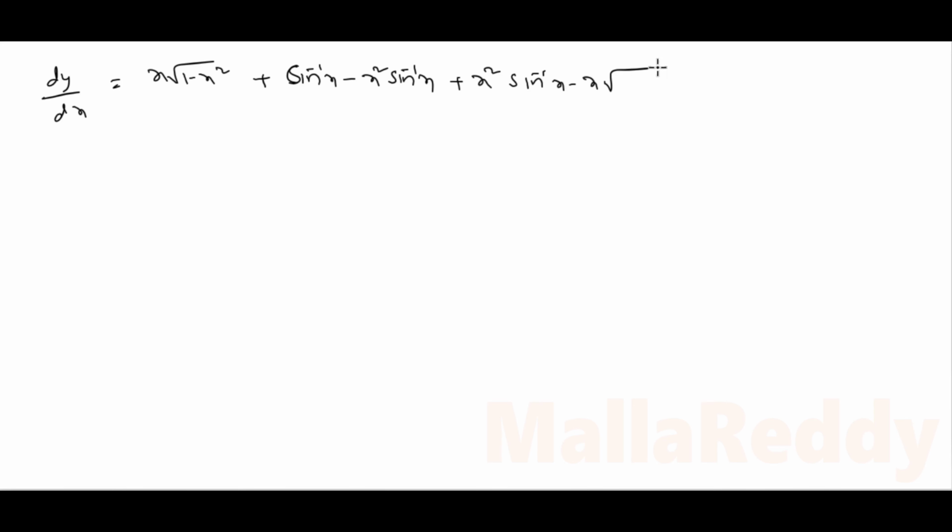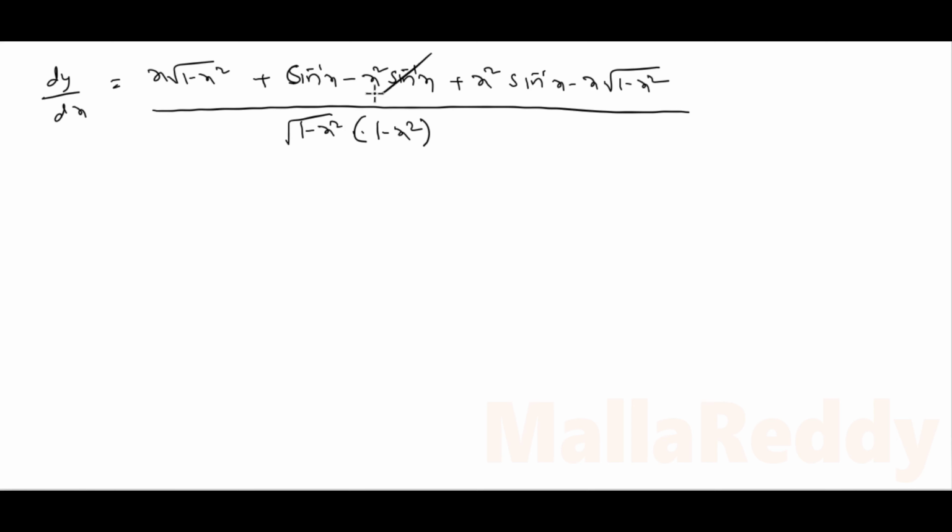Now again take LCM, that is dy by dx is equal to x into root 1 minus x square plus 1 minus x square into sin inverse x, that is sin inverse x minus x square into sin inverse x plus x square into sin inverse x minus x root 1 minus x square by 1 minus x square under root into 1 minus x square.